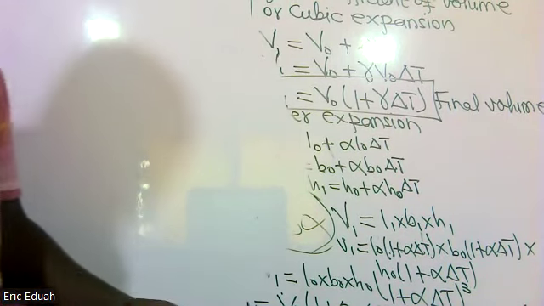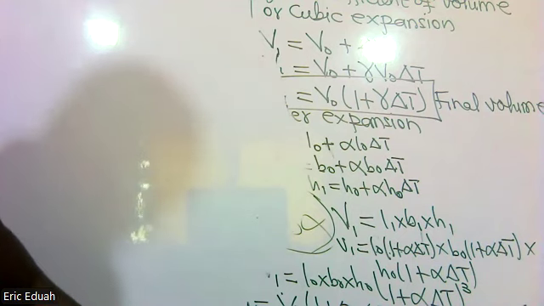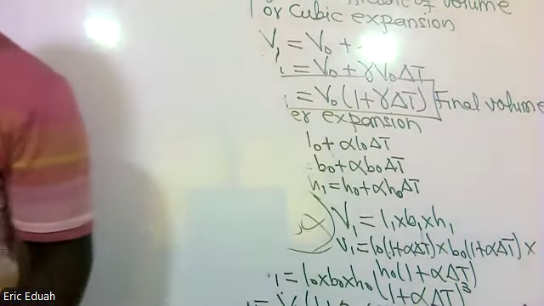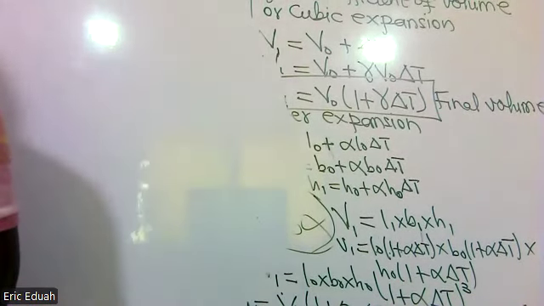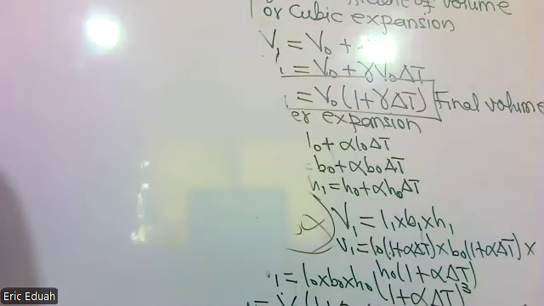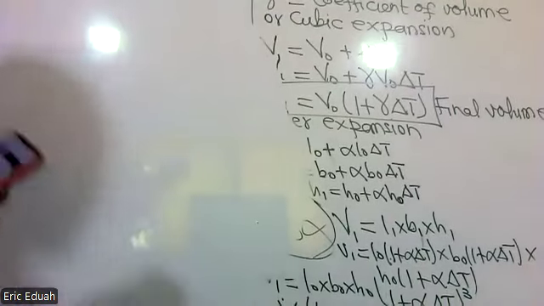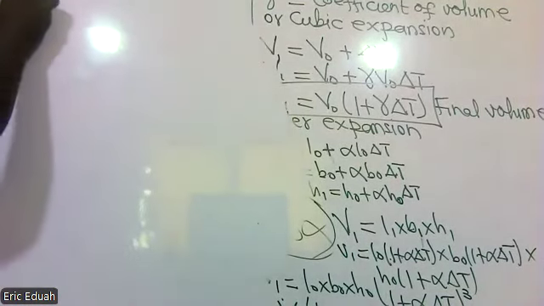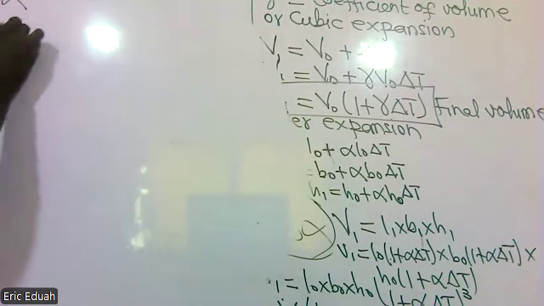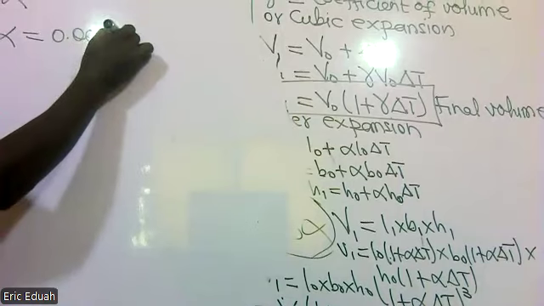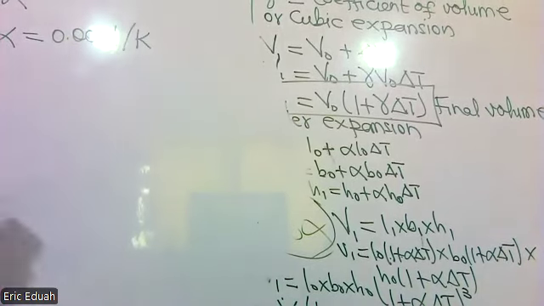Okay. A metal rod of coefficient of linear expansion 0.0001 per Kelvin. So its coefficient of linear expansion alpha is equal to 0.0001 per Kelvin.